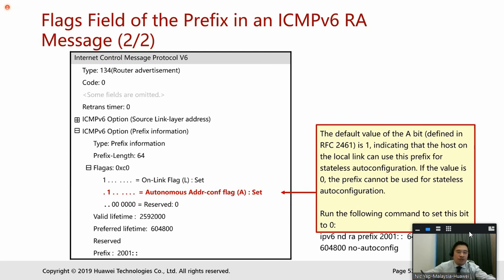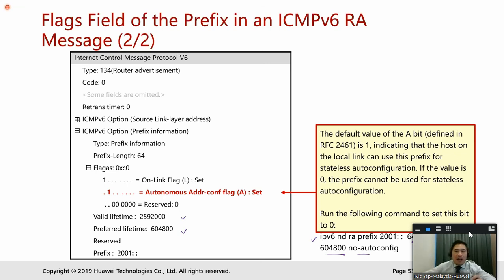To change it to 0, let's say you do not want to support stateless auto configuration, you do this: IPv6 ND prefix 2001, 64 is the prefix, 2592000 is your valid lifetime, and 6048000 is the preferred lifetime, and set no-autoconfig. So this disables the stateless.